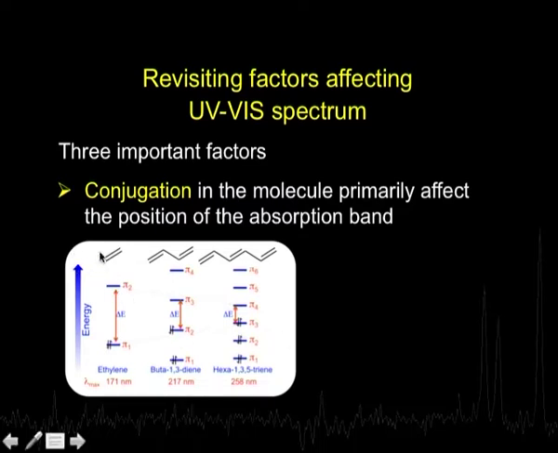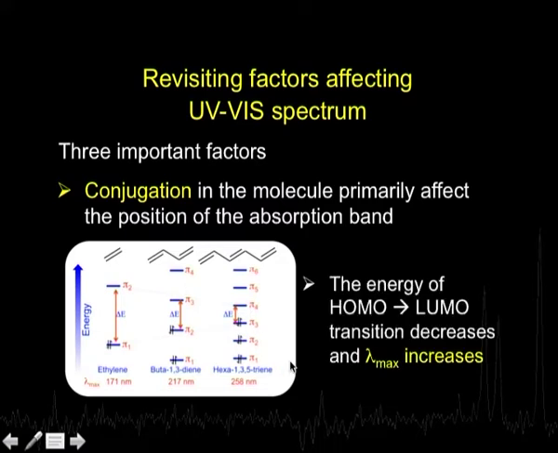We have ethylene here. So, these are the two molecular orbitals for that, and the transition for this is observed at a wavelength of about 171 nanometer. But when you go from ethylene to butadiene to hexatriene, we find that if you go on extending the conjugation, the molecular orbitals are such that the transition which is observed in the UV visible is from the HOMO to LUMO.